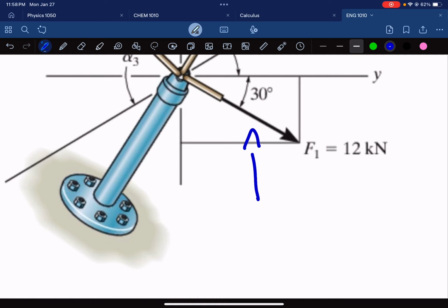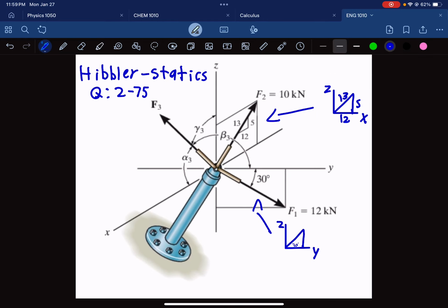So let's draw this out as well. So we go z, and then we go y. Z, y, we draw our triangle, and we write our direction angle, which is 30 degrees. And from there, we can solve. This is really all we need other than these two.